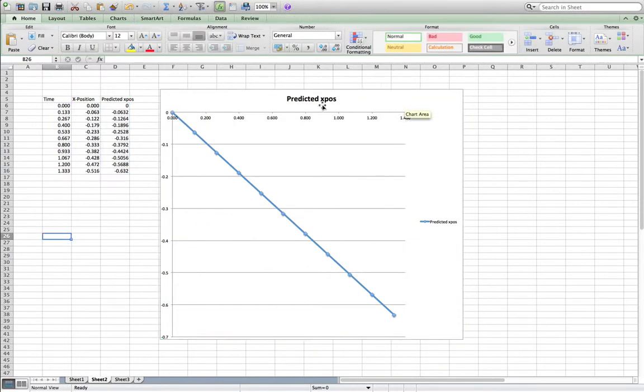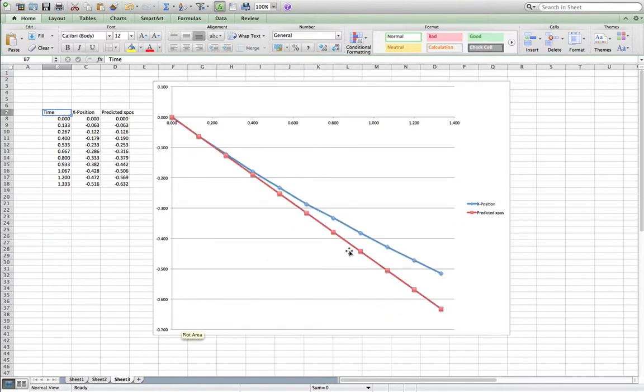This is the predicted position. What I did was I used that velocity of negative 0.474, and I created a line. It was very simple. This was what Newton's second law predicted my ball should roll at. And I put the two graphs together to show a little bit of comparison between the two. As you can see, the lines split apart.